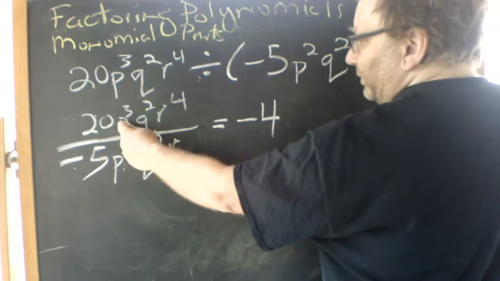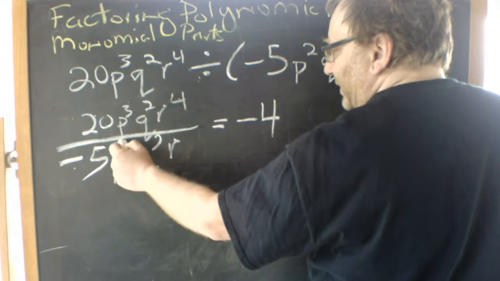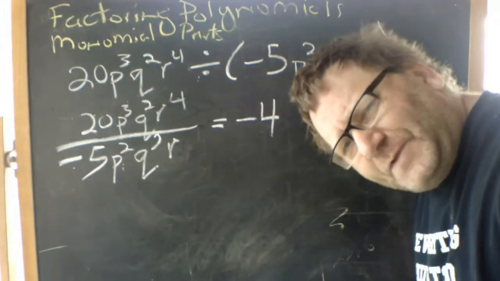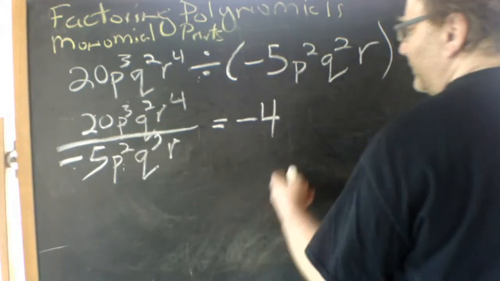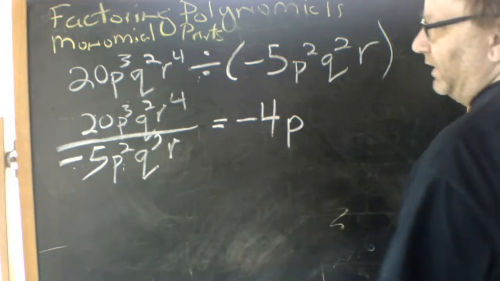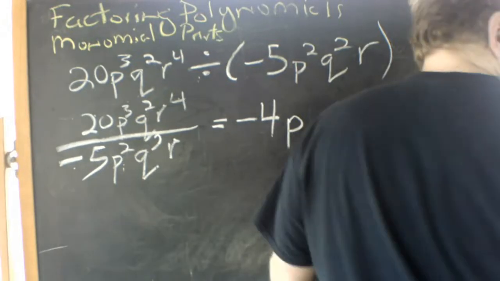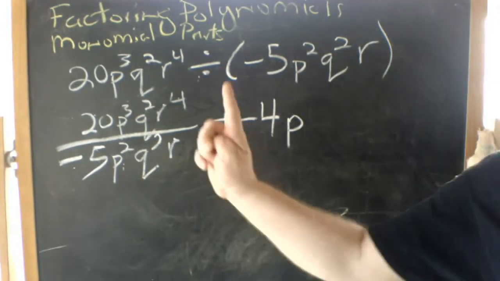I'm multiplying 3 p's upstairs. I'm dividing that by 2 p's. 3 p's and 2 p's, please. So 3 minus 2 leaves me with 1 multiplication of the p. I have q squared divided by q squared. Well, anything divided by itself is 1.